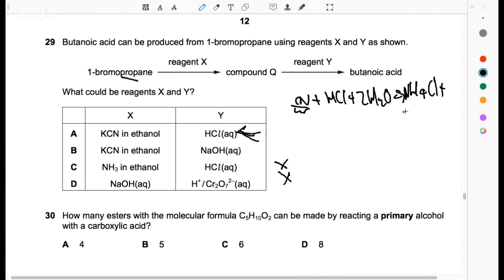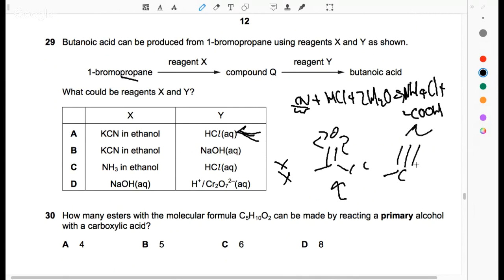Plus carboxylic acid. Well, do you know the mechanism? I do not know. It's basically the same as the typical mechanism for the carbonyl.